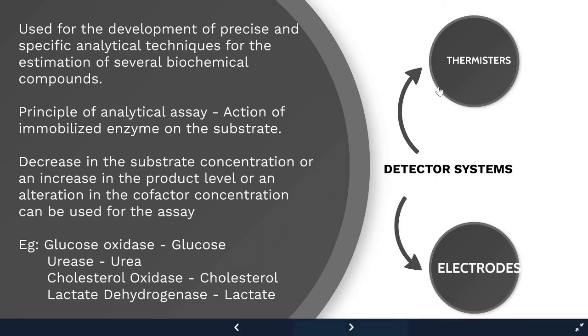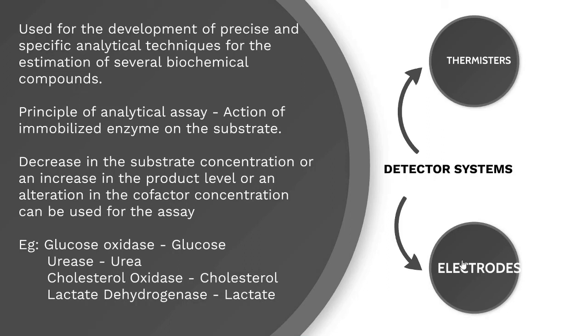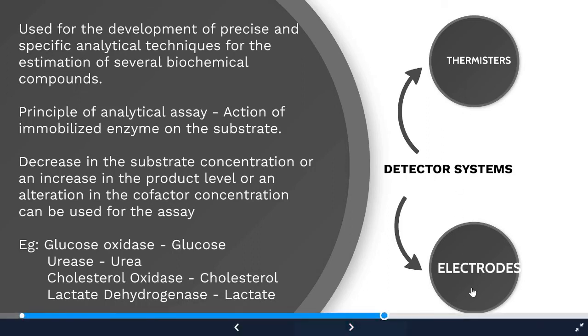And there are two types of detector systems where we use the immobilized enzymes. They are thermistors and the electrode. So these are the detector systems where we use the immobilized enzymes.